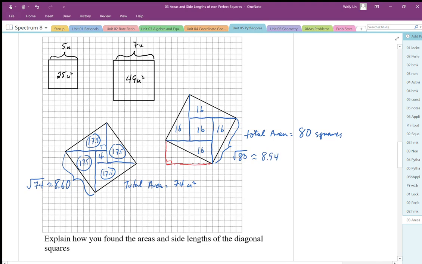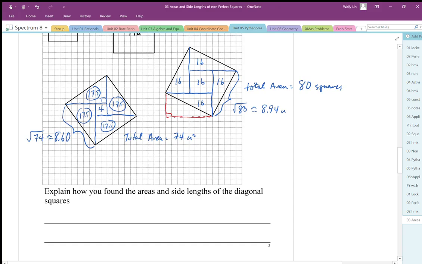And these two squares look fairly similar in size. Well, this one's got 74 squares and this one's got 80 squares. So our edge length works out to be about the same. Okay, so this is 8.94 units from 80 squares, and this is 8.60 units from 74 squares.